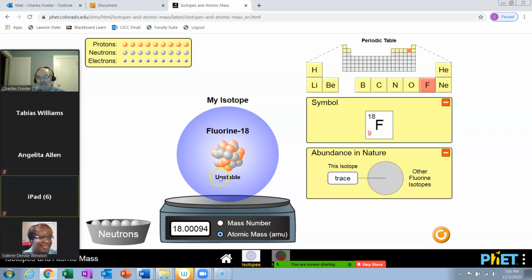Is it stable? No, it isn't. This, I think, is the first one where having the same number of neutrons and protons is unstable. Before, if you had the same number, it was stable, and if you added too many, it became unstable. So this one, the same number, is unstable, which means we're getting into bigger atoms.